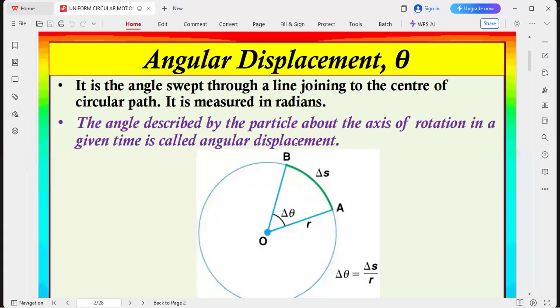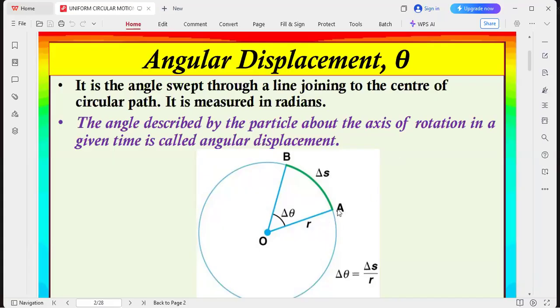Definition: this is the angle described by the particle about the axis of rotation in a given time. You don't have to mention the exact words, but you should bring out the definition. For example, you can say, this is the angle subtended at the center of a circular path by a body moving in a circular motion.